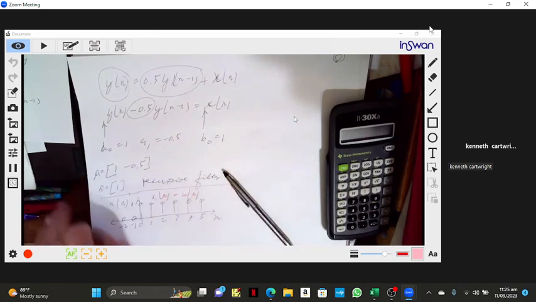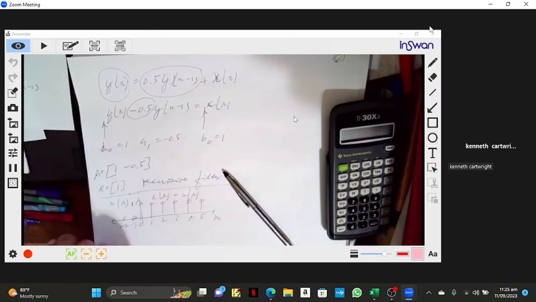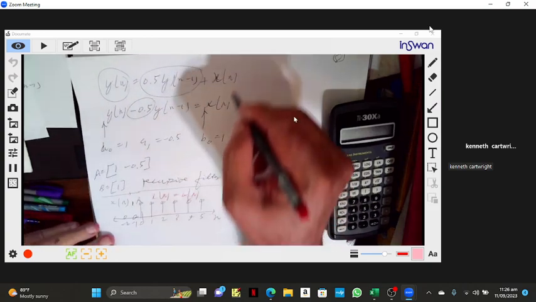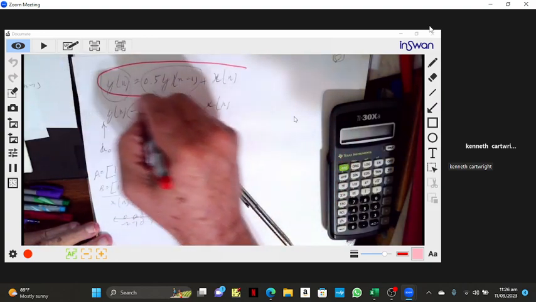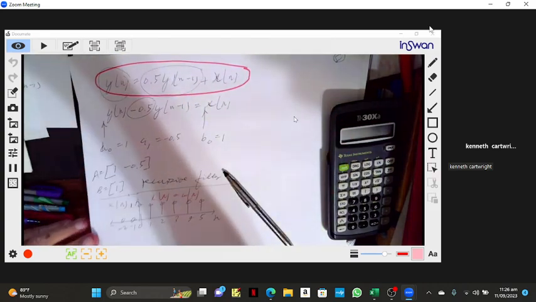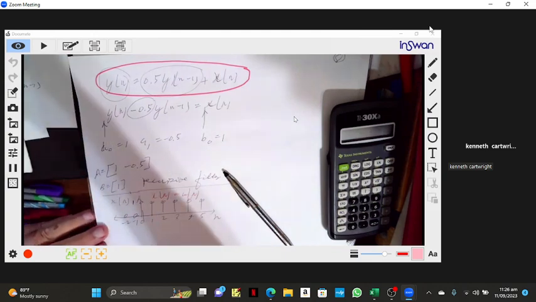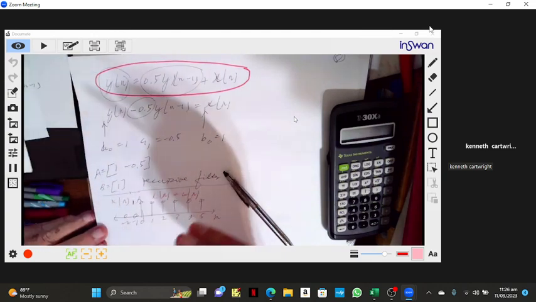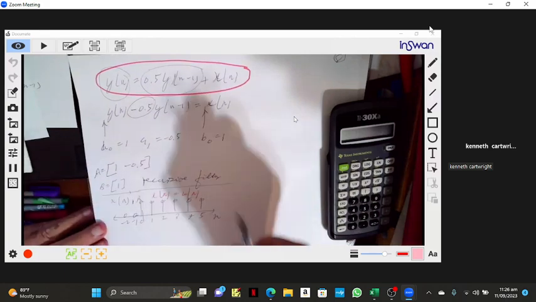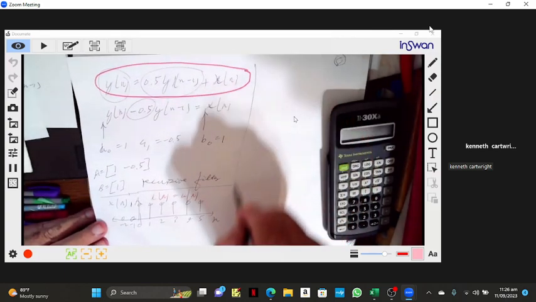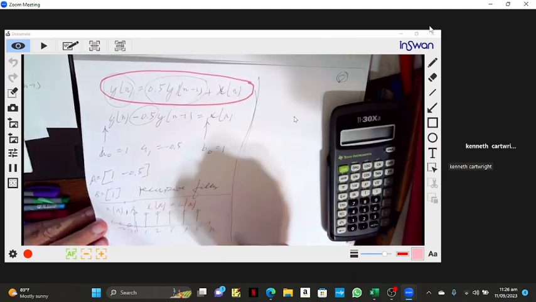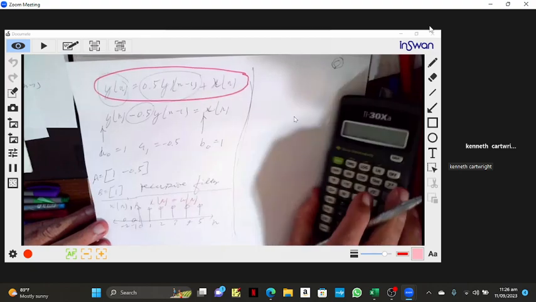So here's my difference equation. What's the difference equation doing? It's relaying how the output is related to the input. So what's y of 0 equal to?